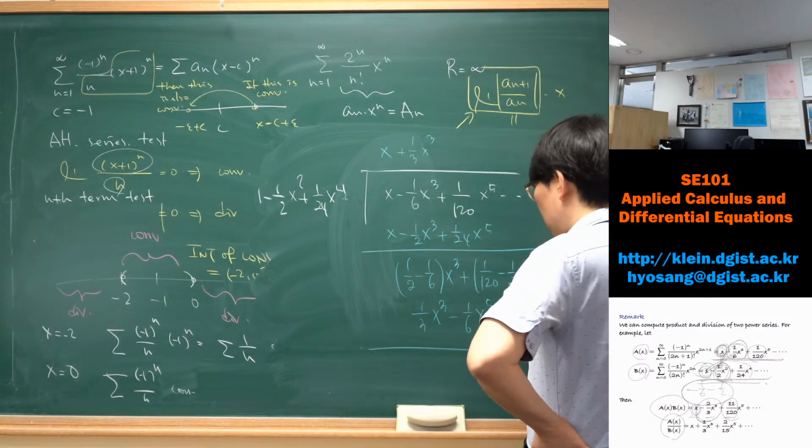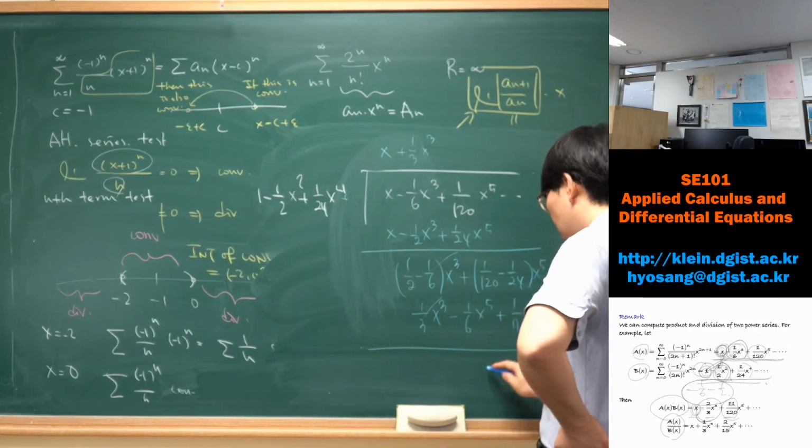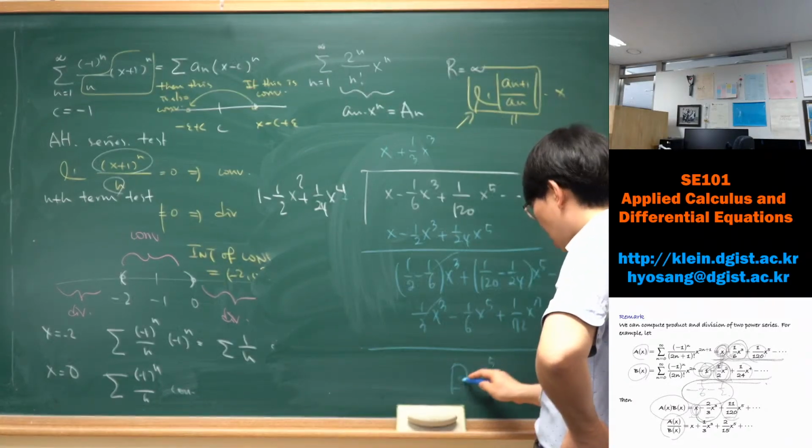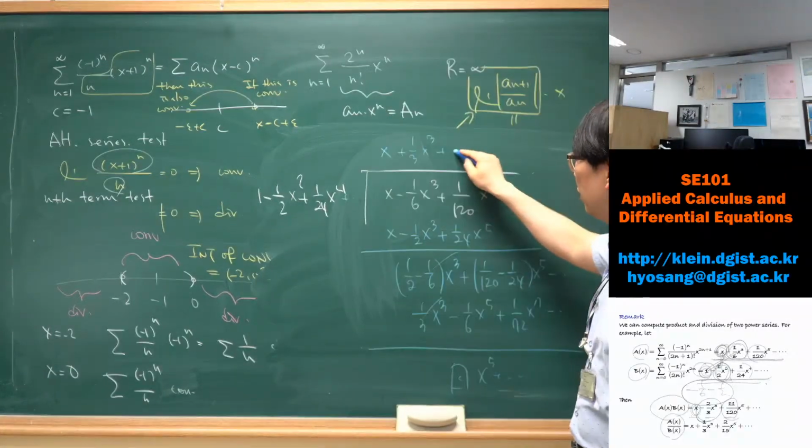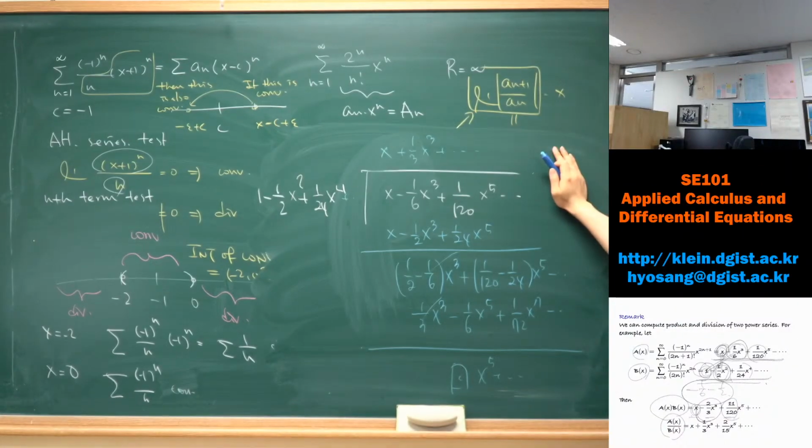You subtract again, so this will cancel out, and the rest will be some coefficient times x to the fifth and so on. You do the same thing, and keep doing this until you're satisfied.